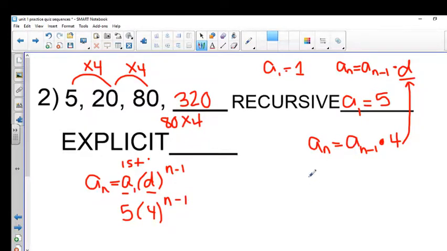Okay, so let's say we got to find A to the 15th. And this probably is going to get, let's do A to the 10th. So we want to find the 10th term. So we're going to take our formula, 5 parentheses 4, and we're going to plug in for the n. So n now is going to be 10, because that's what I got to find.